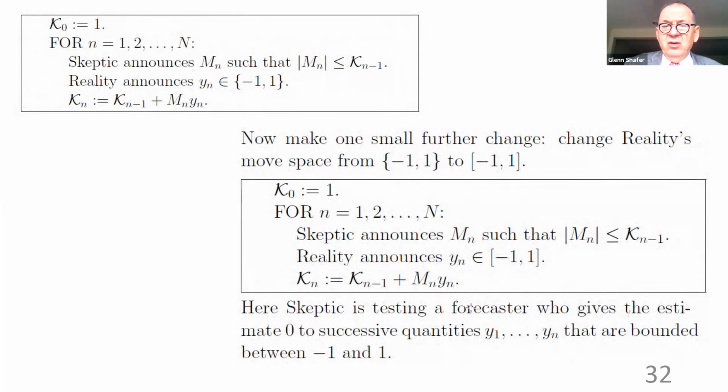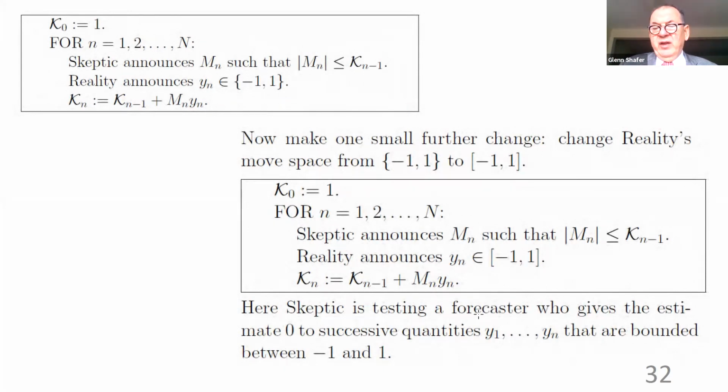Because now you can have a forecaster who's estimating these numbers y1 up to yn. So you have numbers y1 up to yn that are bounded between -1 and 1. And the forecaster's estimate is 0 each time. That's what this would be interpreted as.